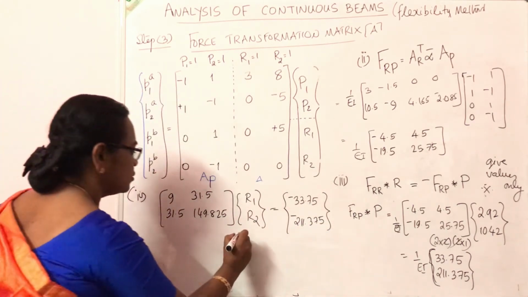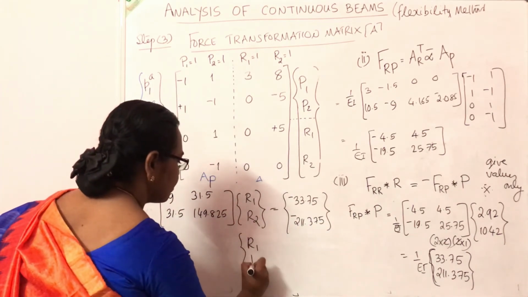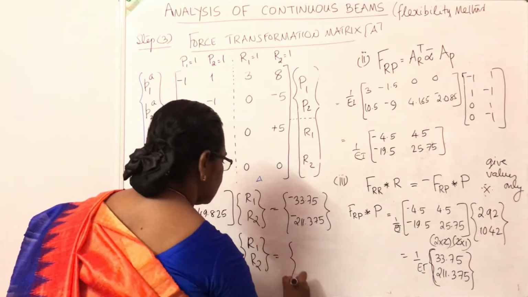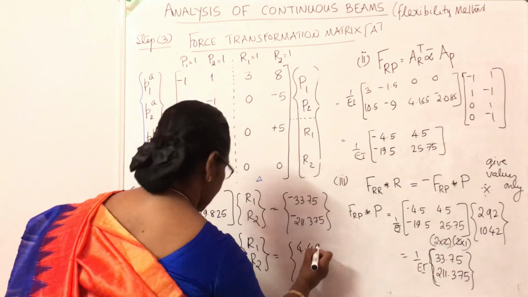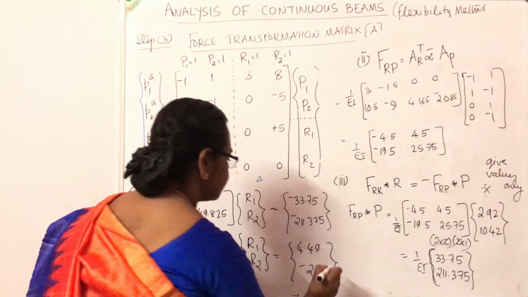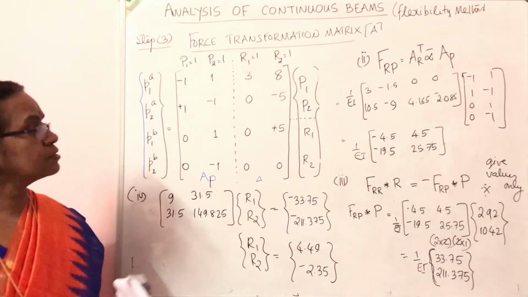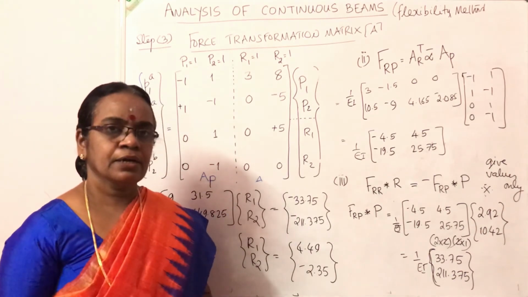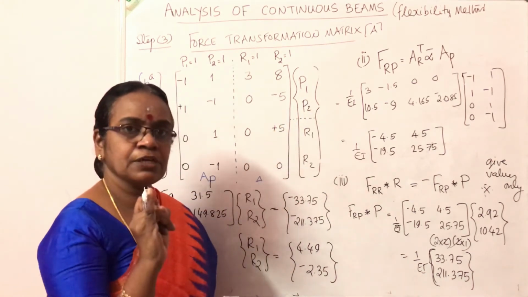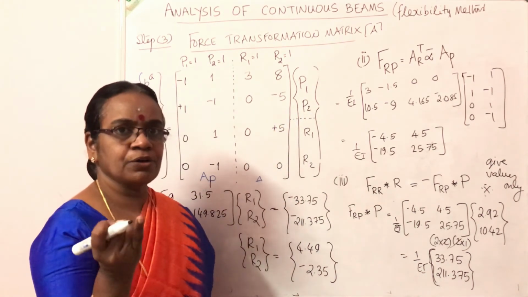Solving these equations, you will get R1 and R2 as 4.49 and minus 2.35. So step 4 is computationally involved. We have to calculate FRR, the first step, AR transpose alpha bar into AR.